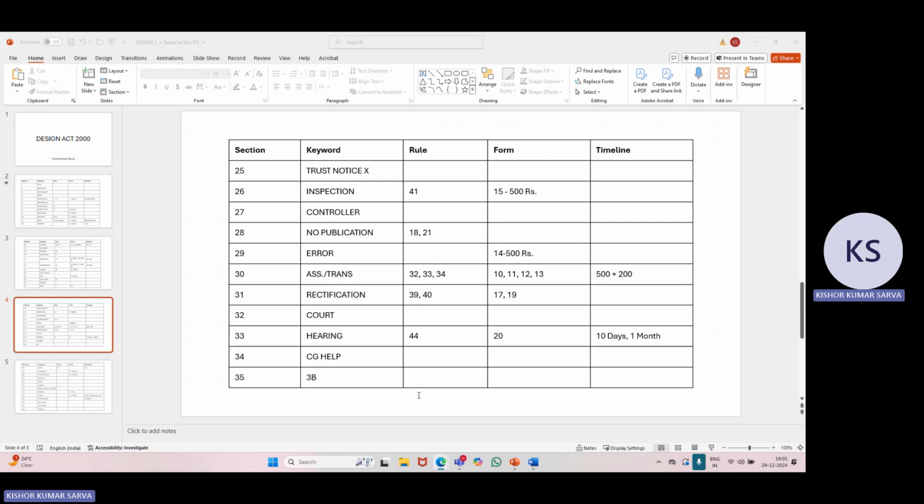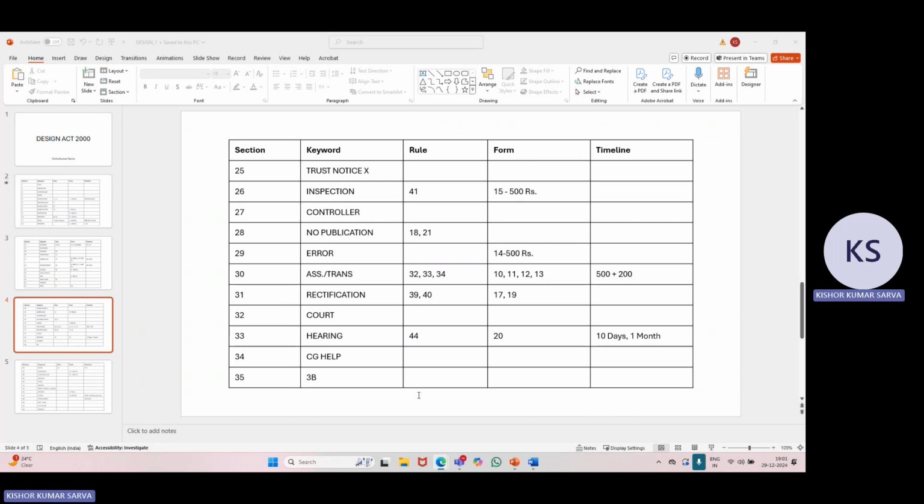Now, if you want information about mortgage, assignment, someone who has taken a license, or all the affidavits about that, you can get such information by using Form 15 as per rule 44.